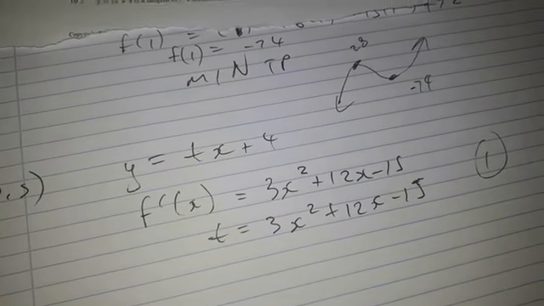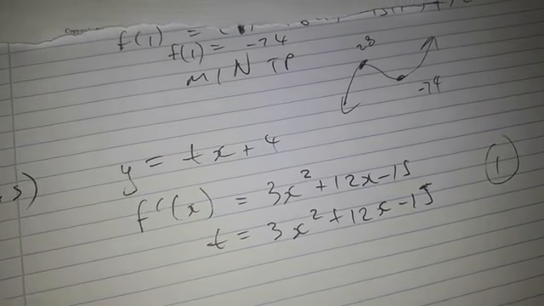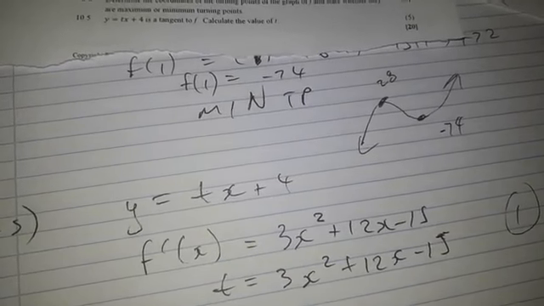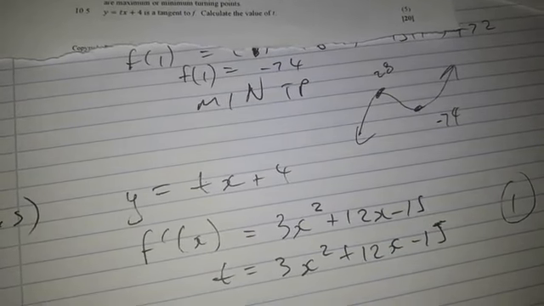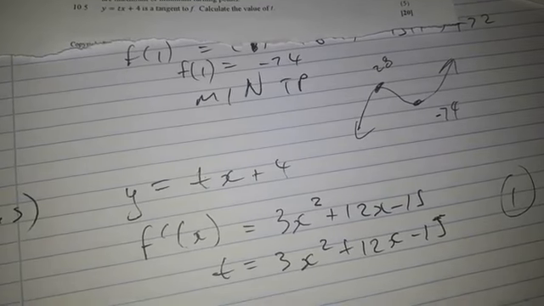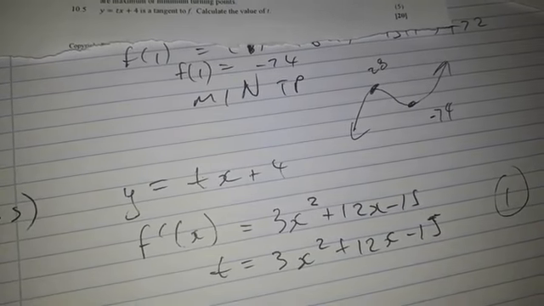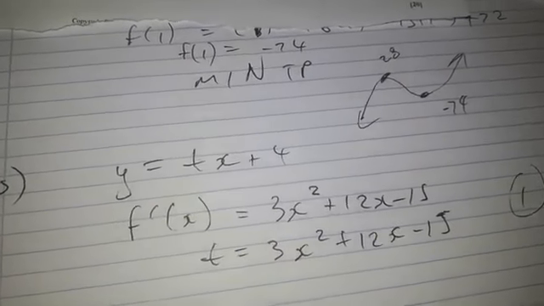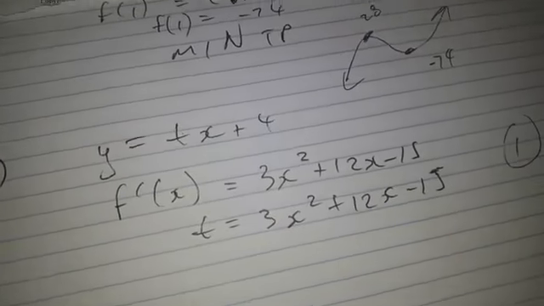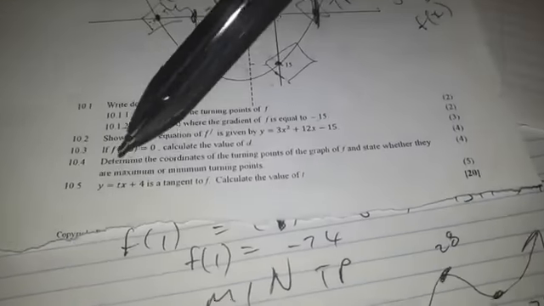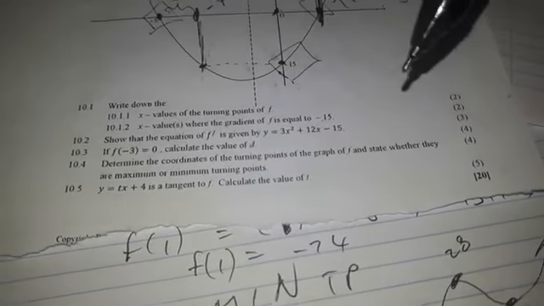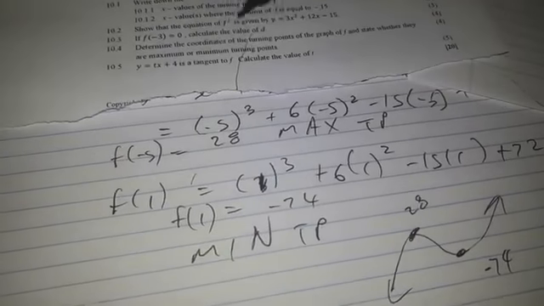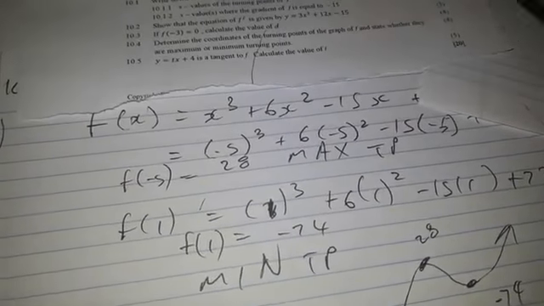So you could think to yourself, why don't we equate the two equations? The only issue is that equating the two equations is technically not going to work. We can take the equation of the tangent and equate it to the equation of f, but that is just going to give you a big mess.